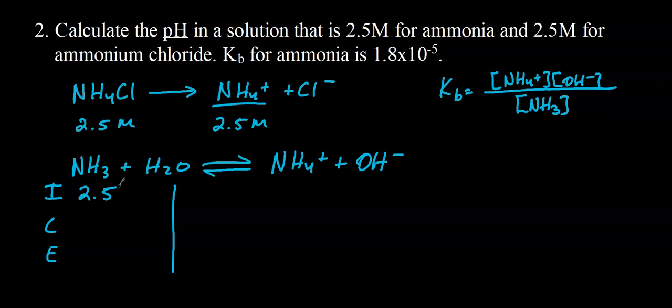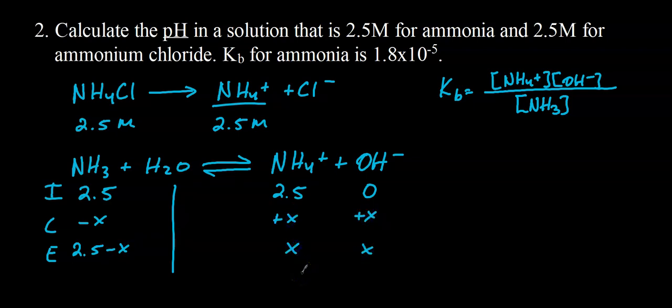So we have ammonium already present in solution, not from this process, but from this process here, the dissociation of the ammonium chloride. So be careful. Both of the initial concentrations are not zero. You will have an initial concentration of one of these two ions. The rest is the same from there, with one little difference that I'll show you in one second.